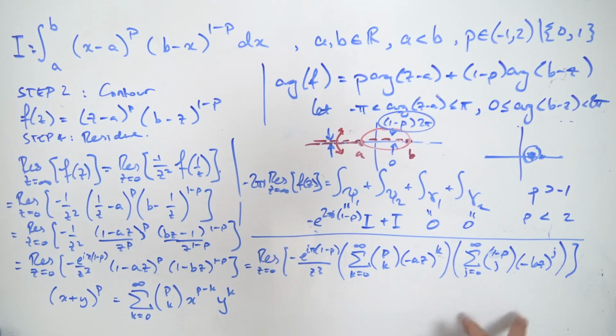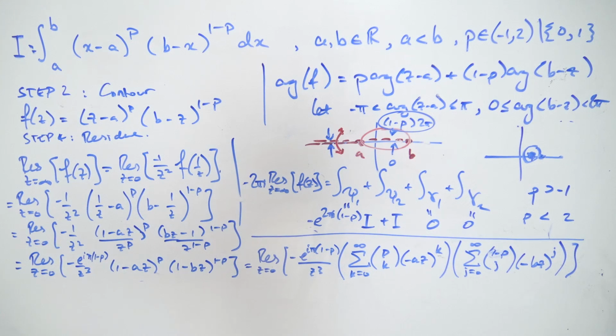We don't really want to expand out these sums. We don't want to multiply them together or anything. That's just going to take way too long. Because with the residue at z equals 0, we're only interested in the coefficient of the 1 over z term.